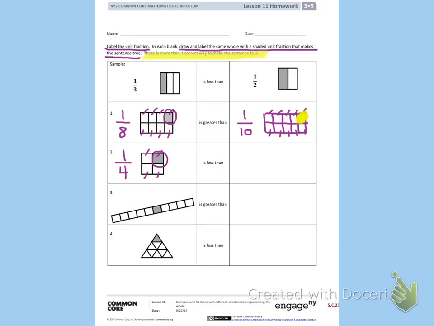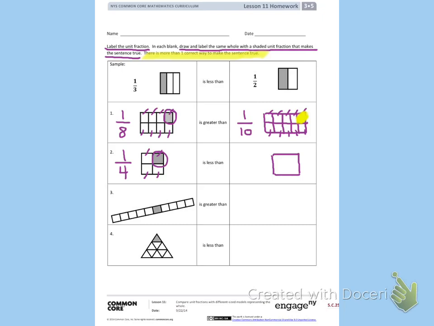This time, the box that has the square with 1/4 is the illustration with the smaller amount, because it says is less than. So in the final column, I'll draw the same square, but I have to think of a way to divide that same square into pieces that are larger than 1/4.